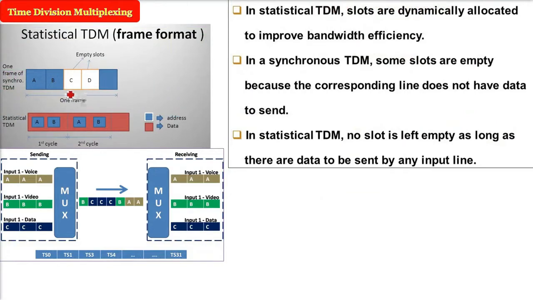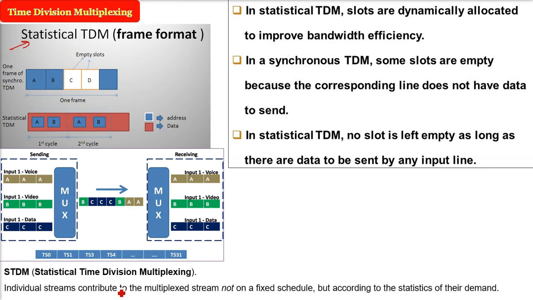Statistical TDM. This is asynchronous TDM. Statistical time division multiplexing: individual streams contribute to the multiplexed stream not on a fixed schedule as was done in TDM, but according to the statistics of their demand.